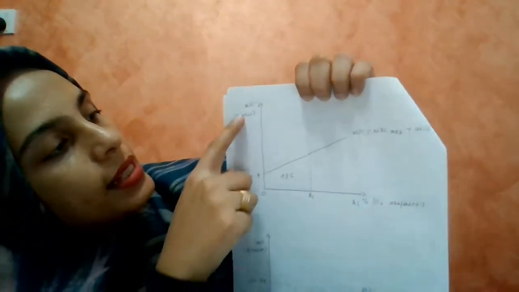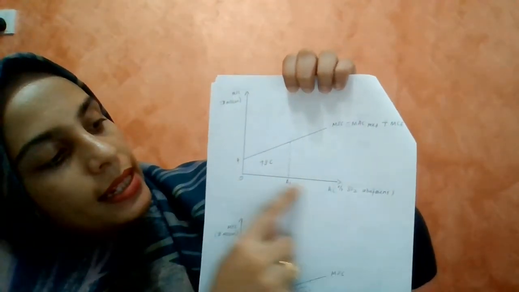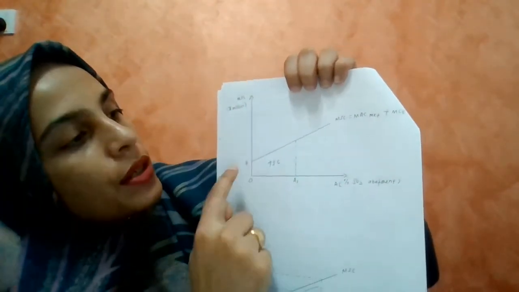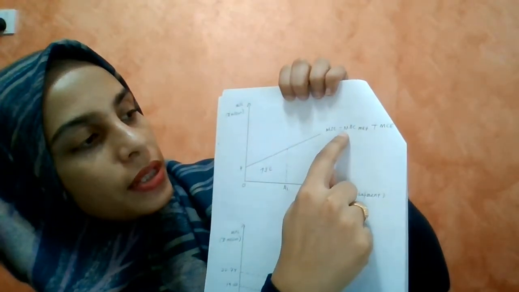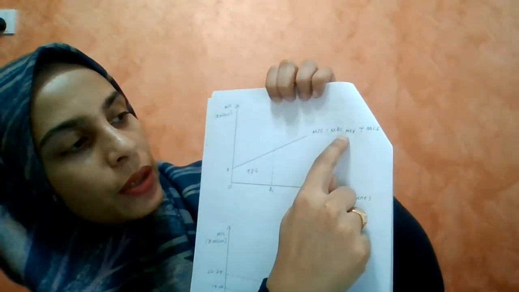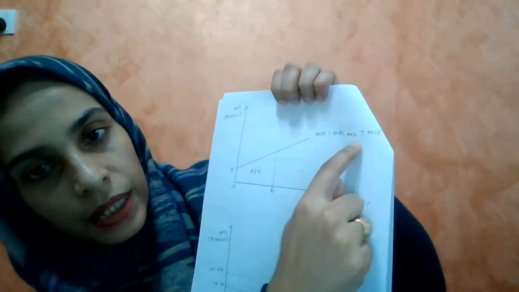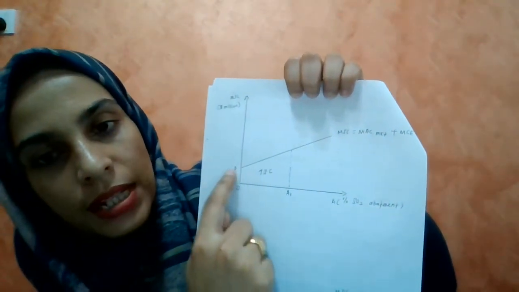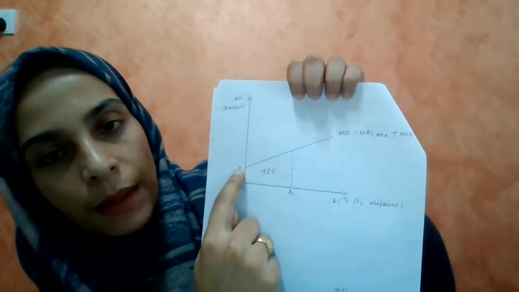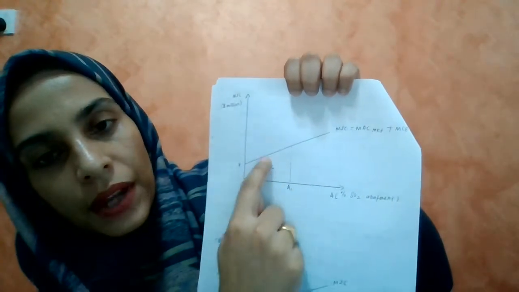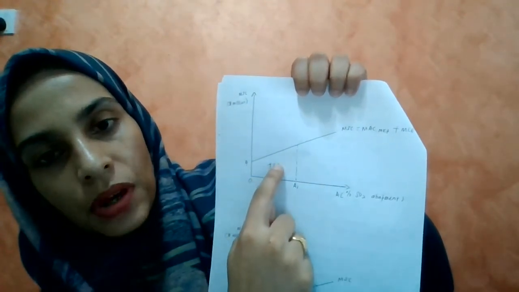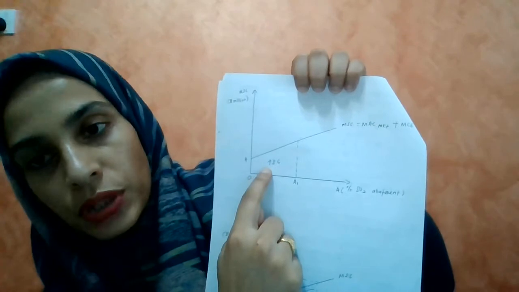Right? So this is the marginal social cost in million and this is abatement in percentage. It's equal to marginal abatement cost plus MCE. So this is the intercept, right? So the area under marginal abatement cost is the total social cost.